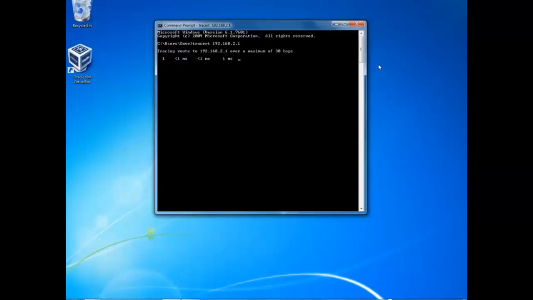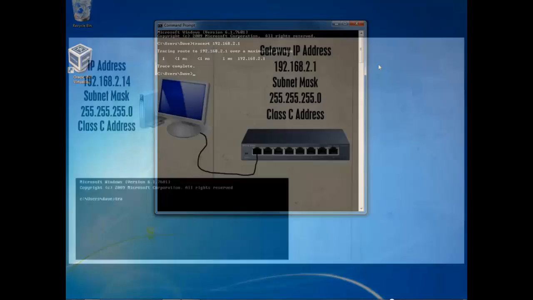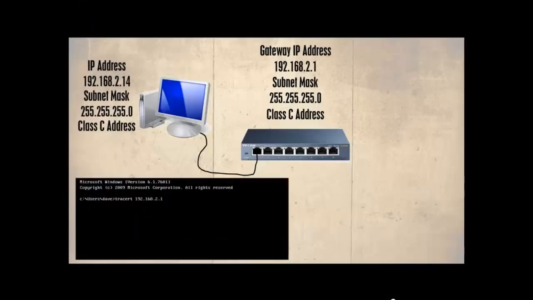Let's return to our diagram, and when we type in traceroute 192.168.2.1, a packet of data was dispatched from the host to the destination 192.168.2.1. When the router received the packet, it sent back an acknowledgement, and we can see that the command was successful.